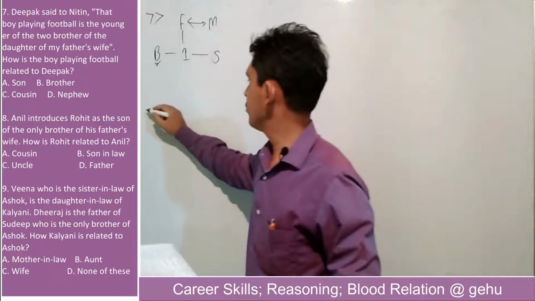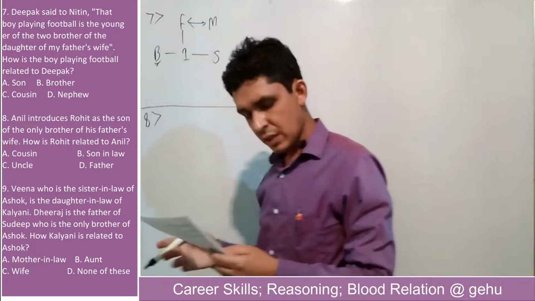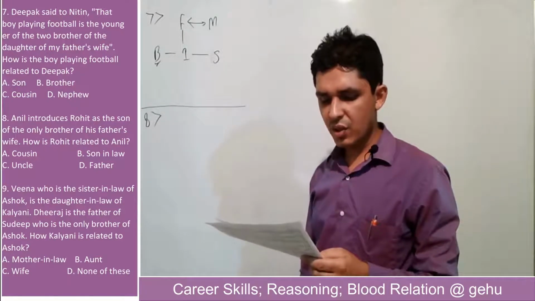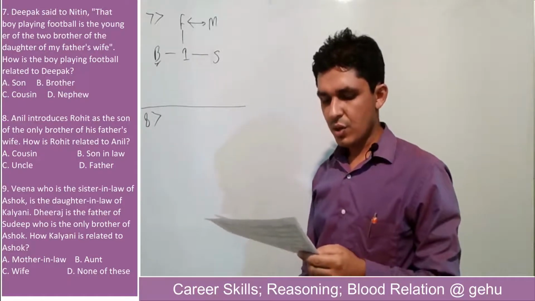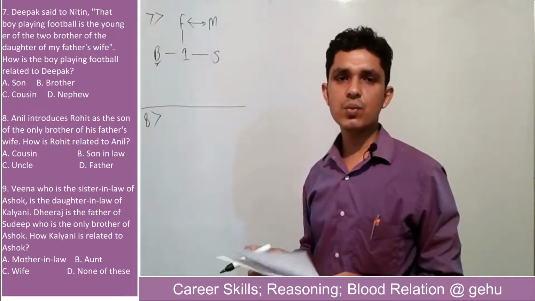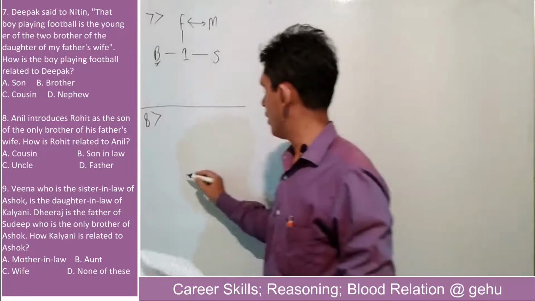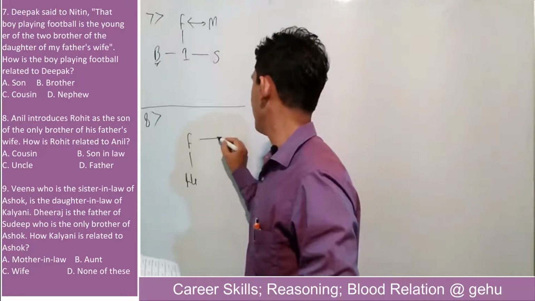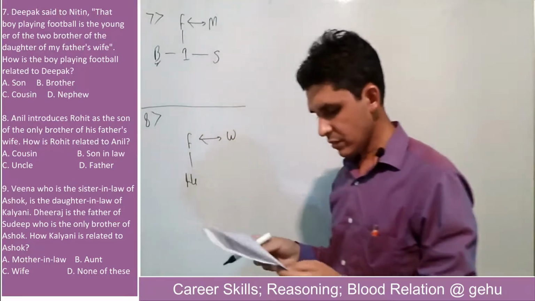Okay, coming to the next question, question number 8. The question is, Anil introduces Rohit as the son of only brother of his father's wife, right? So here the keyword I is not there, so I can start the question with he. His father's wife, so I can start with he. His father's wife can be drawn like this.